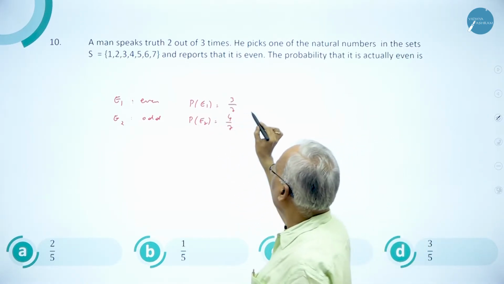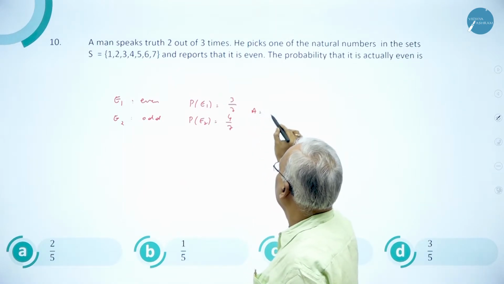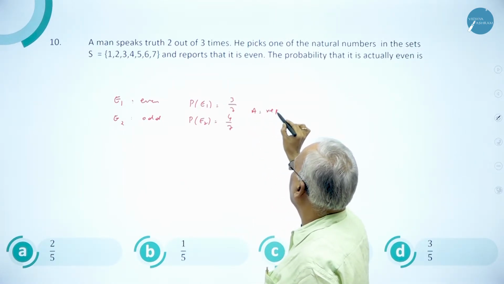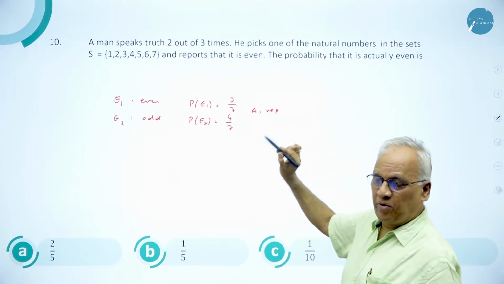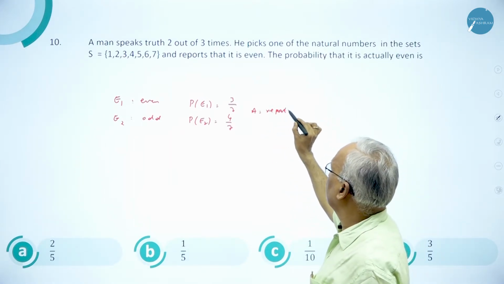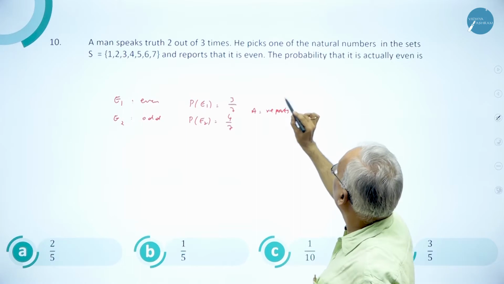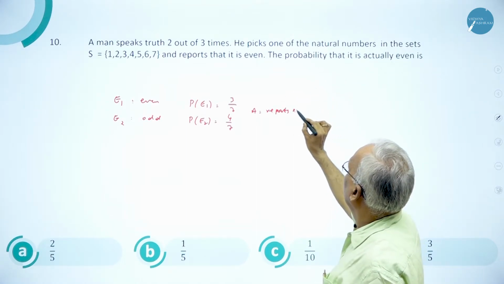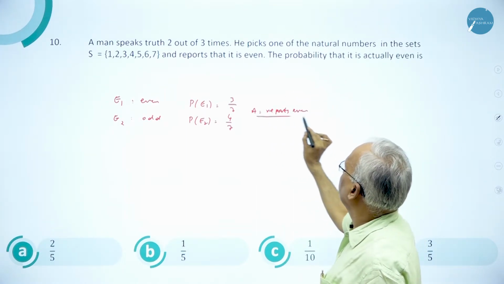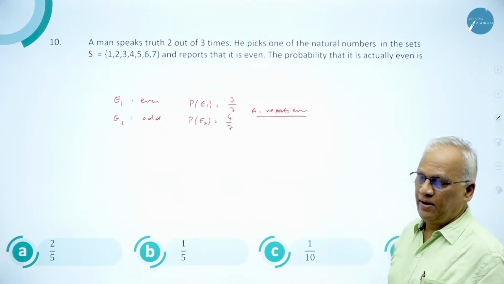Now define event A as the man reports even. You need not write completely. A: the man reports an even number. That's the thing. Okay.